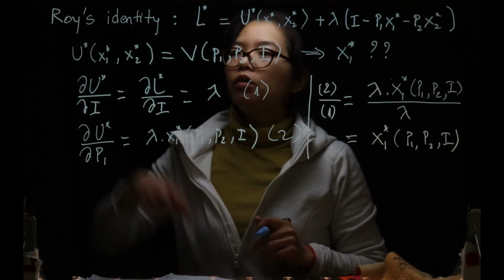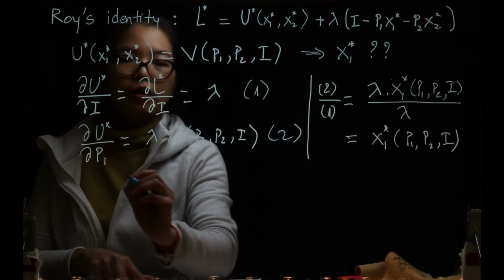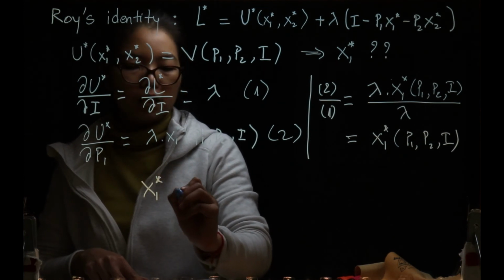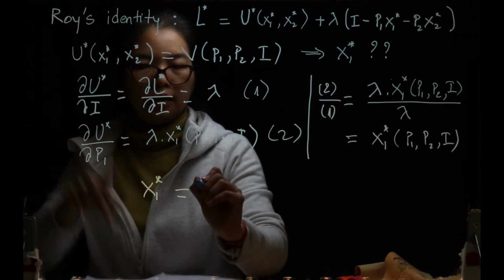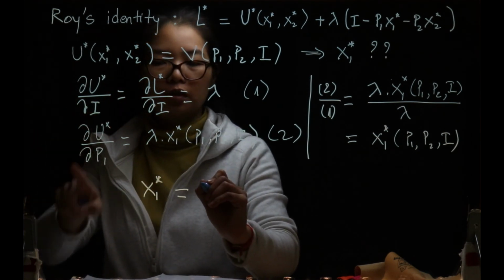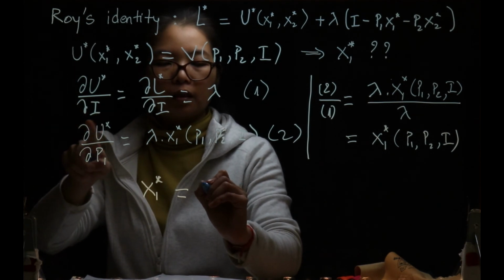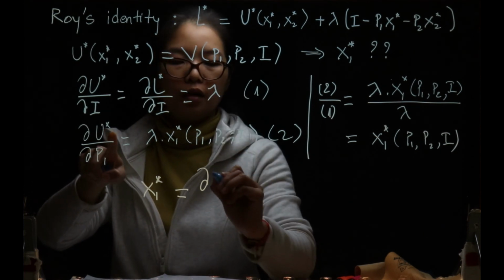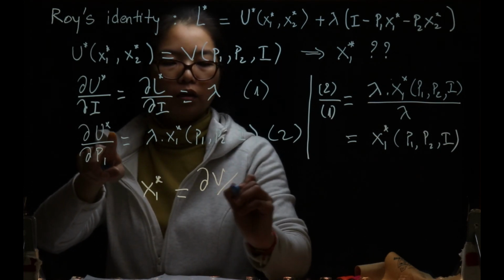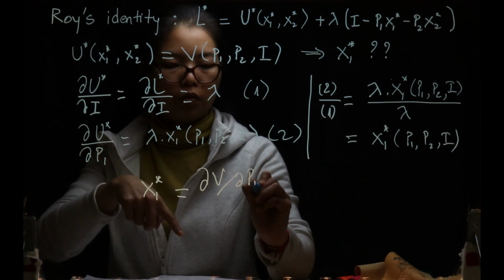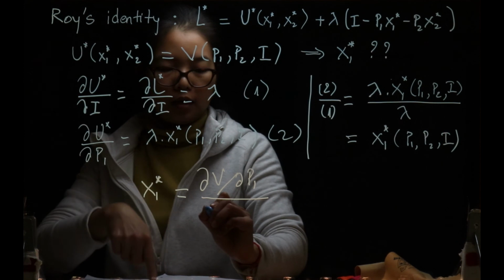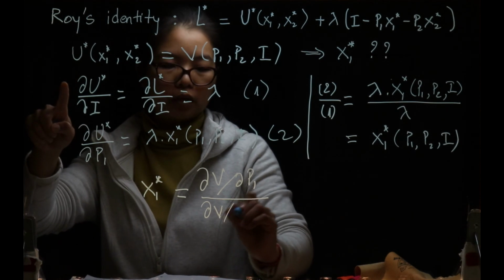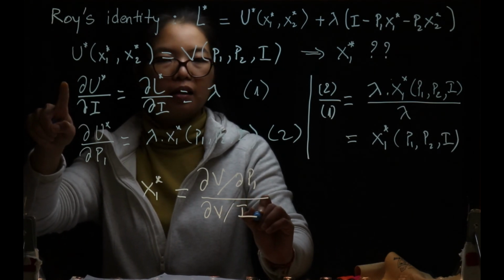So in summary, Roy's identity tells you that you could arrive at the Marshallian demand function by taking the ratio of these two derivatives. The derivative of V with respect to P1, and then in the denominator you have the derivative of V with respect to I, right?